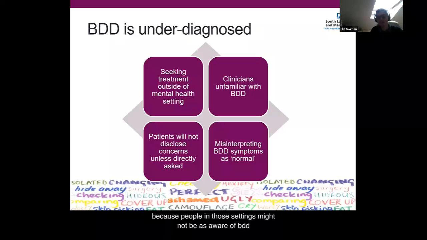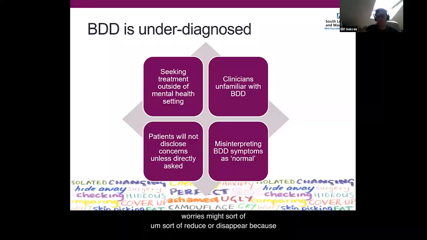This might be because people in those settings are not as aware of BDD, and because people might think that if they fix their appearance, their distress and worries will reduce or disappear.